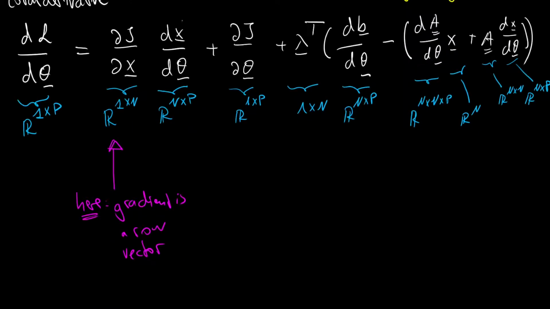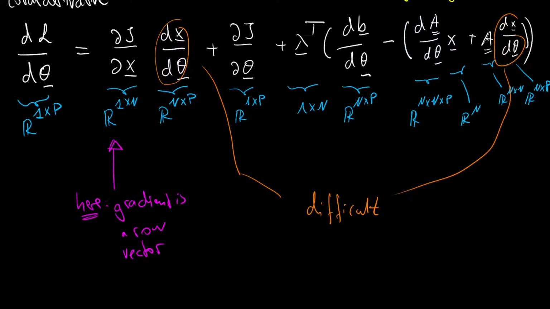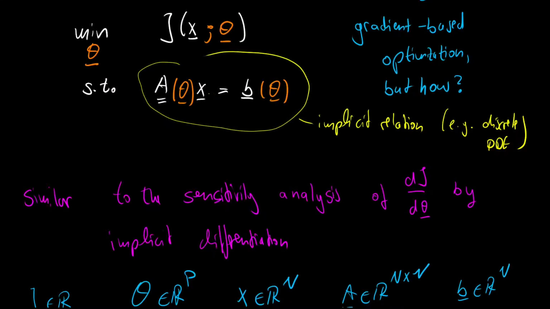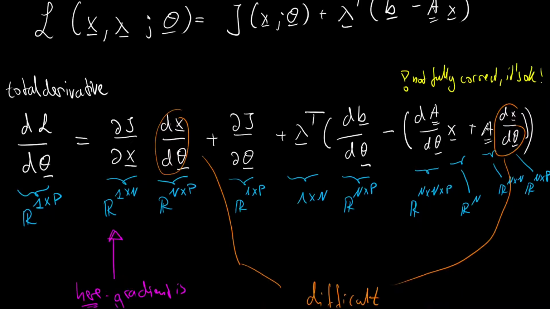And these are this one here and this one over there. So these are difficult. But why are they difficult? So this is the total derivative of the solution to the linear system with respect to the parameters that are involved in building this linear system. And in the video on the implicit derivation, we investigated this further and figured out that getting this quantity explicitly scales linearly in the number of parameters that are involved.